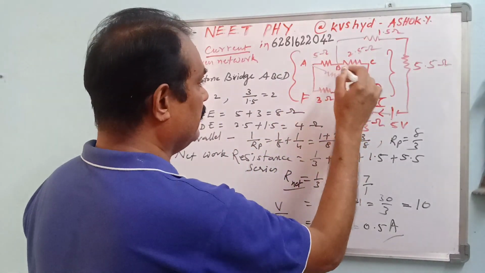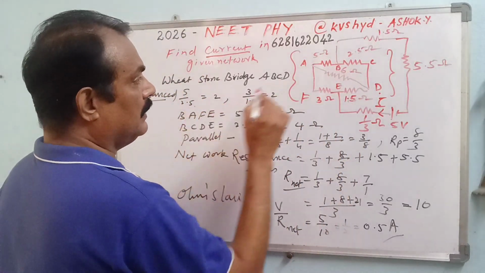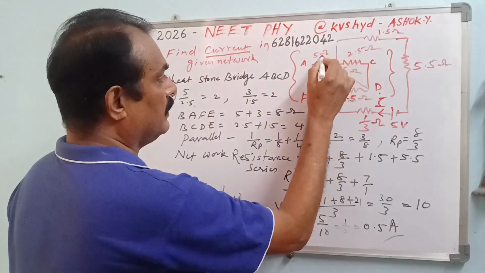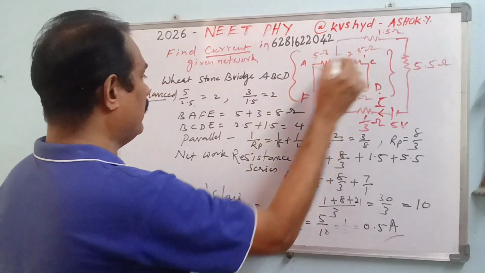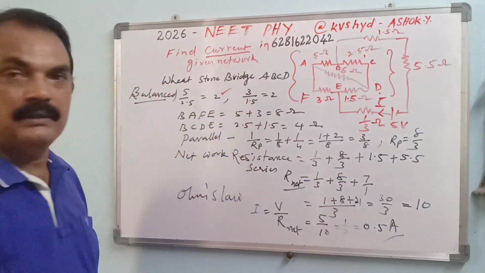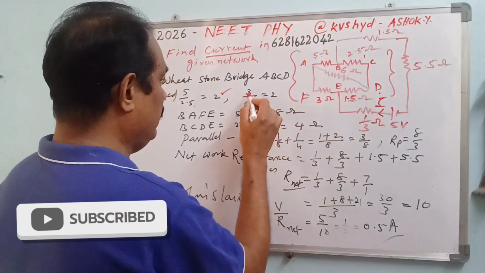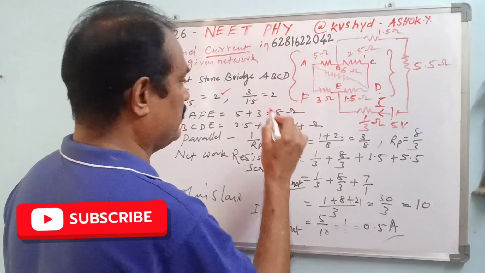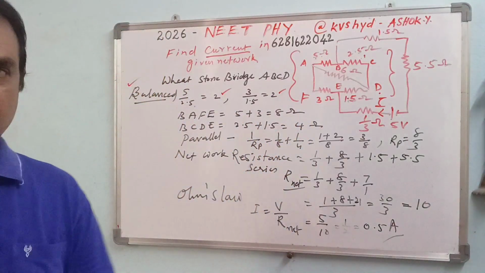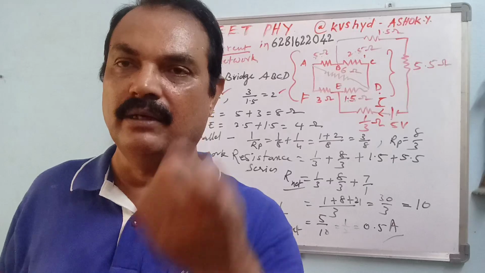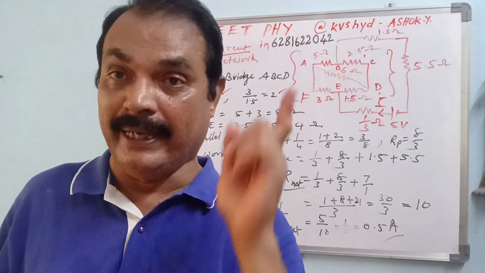So 5 divided by 2.5 is 2. Then again you see 3 divided by 1.5 ohms, again 2. So the bridge is balanced. That is the first thing you have to do. First check whether it is balanced or not. If it is not balanced, you cannot apply it.